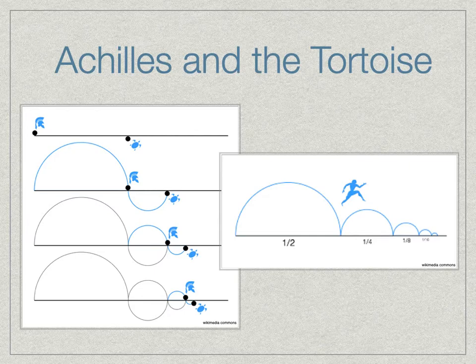And then in order to get to the wall from there, you have to cover half the distance again. And then from wherever you are, you have to cover half the distance from that position to the wall, and half the distance, and half the distance, and half the distance. But there is always another division to make. And you should never get to the wall based on this series of infinite steps.